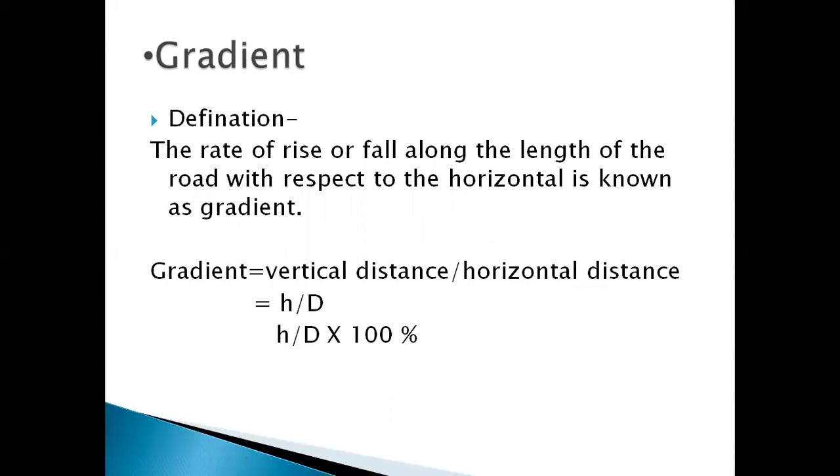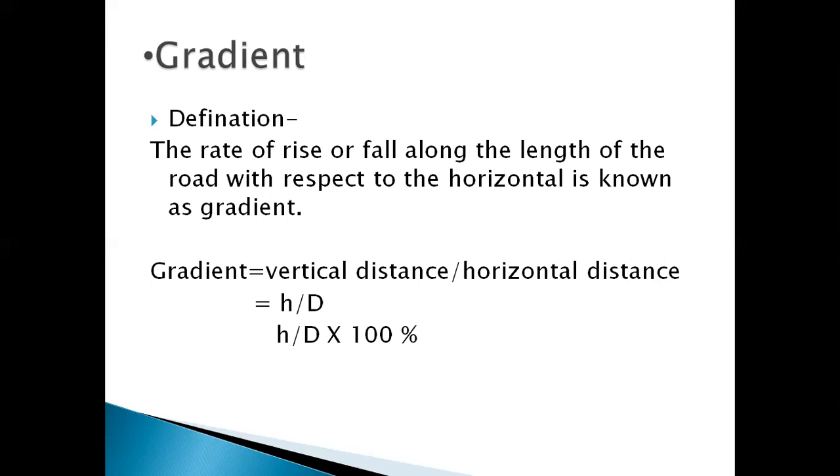That is, the rise or fall along the surface of roads is called a gradient, or the ups and downs on the roads are called gradients.